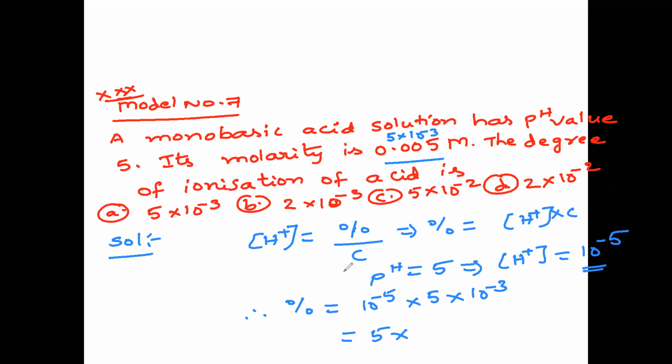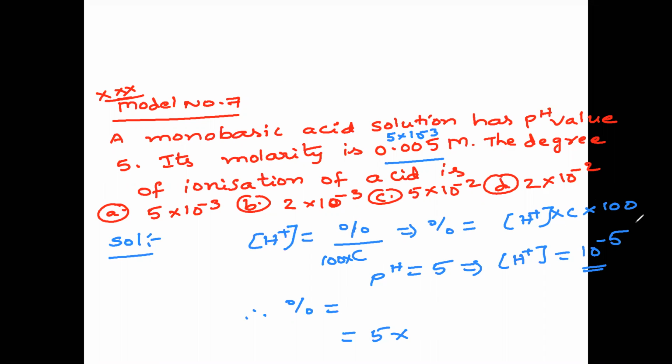By 100 into C. So by this you can write percentage is equal to 100 into C into H plus concentration. What is the formula for finding percentage?